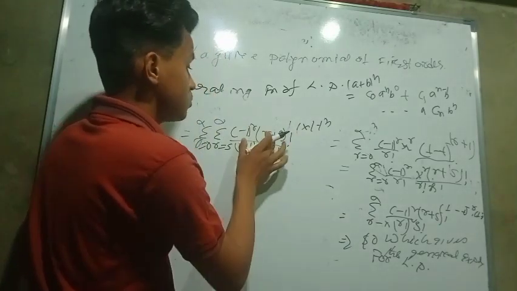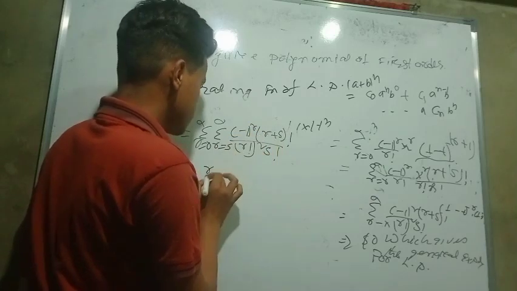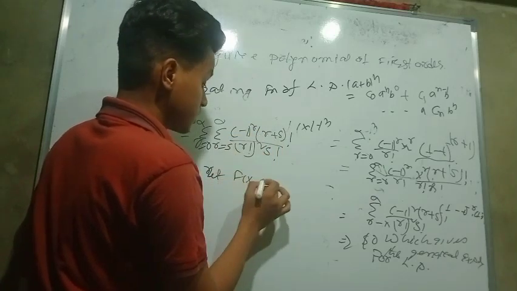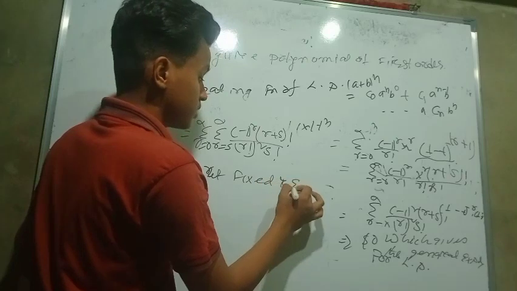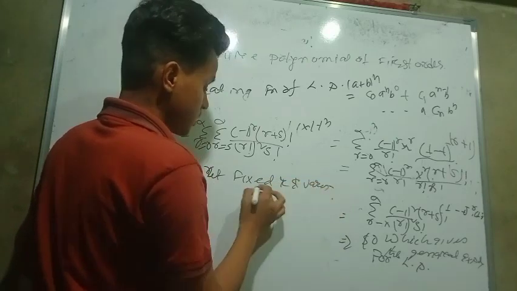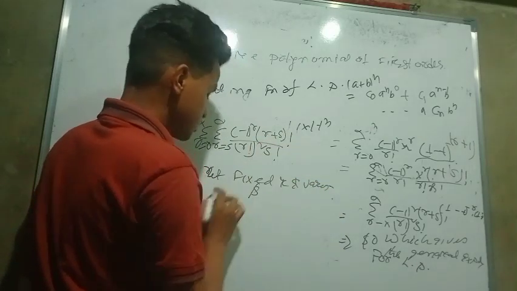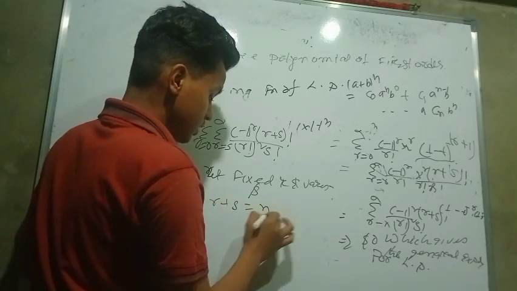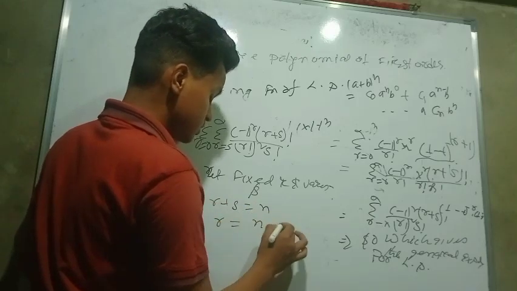Okay, if we fix r, let's fix r and vary s. If r is fixed, let's say r plus s equals n, so r gives us n minus s.